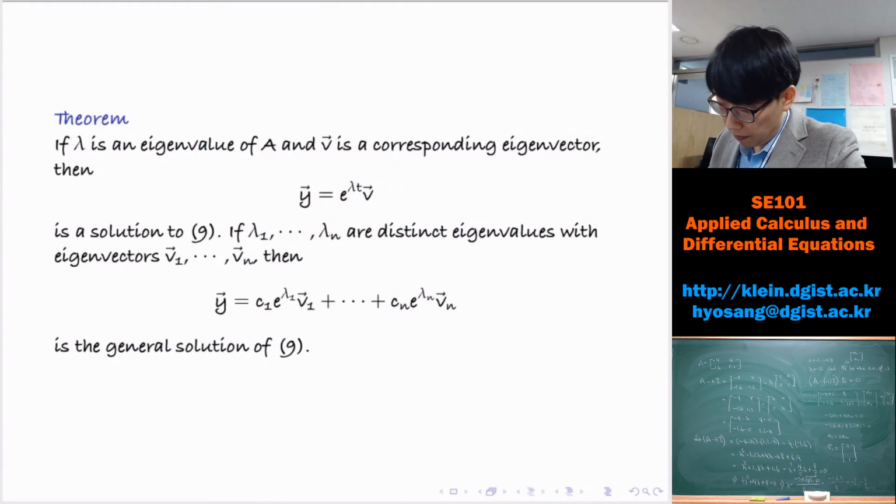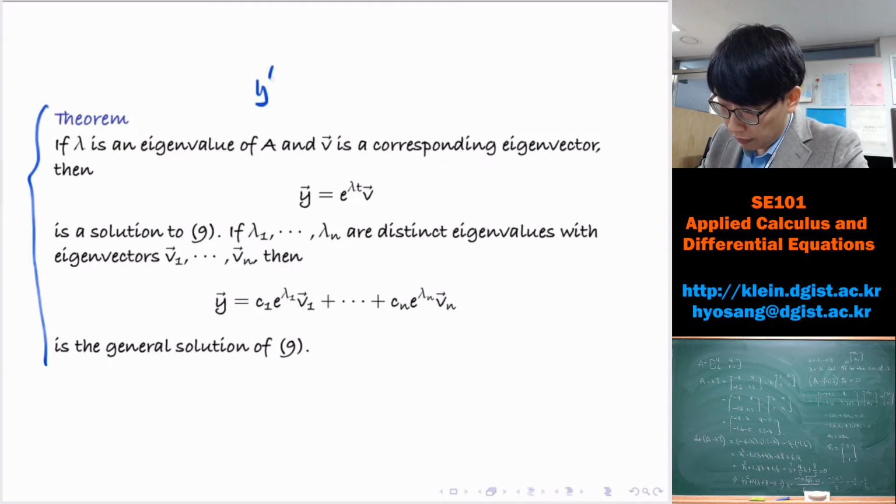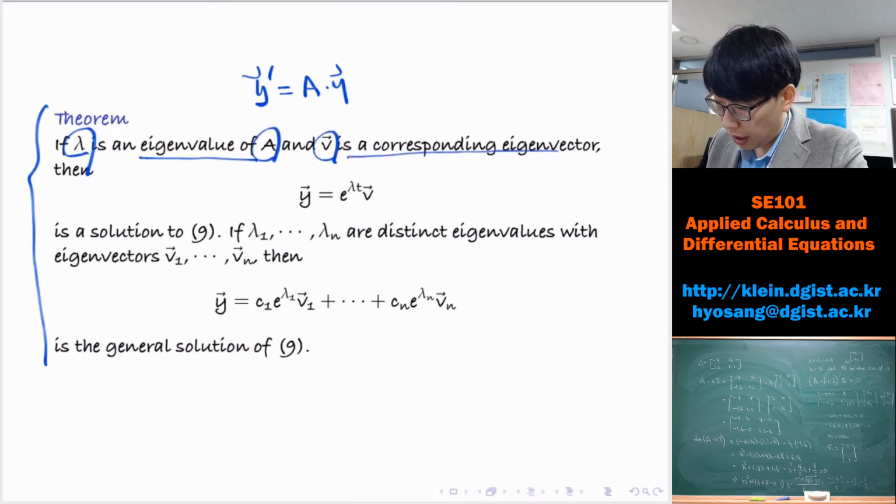So here's the theorem. We will give an example later. The theorem says, suppose that you have a system of differential equations y prime equals Ay, and suppose that lambda is an eigenvalue of A, and vector v is the corresponding eigenvector to this lambda. Then this expression is a solution to our equation.